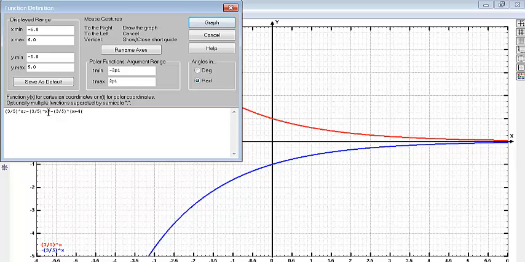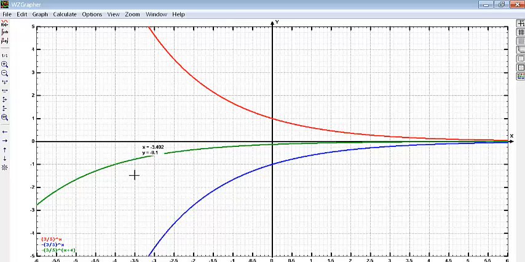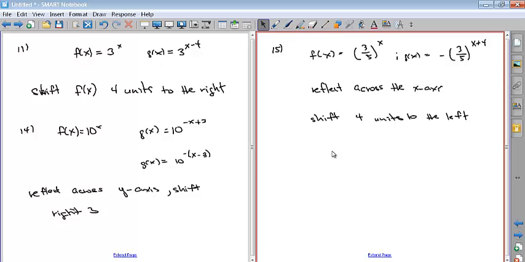And gotta get my parentheses the correct direction. So that should shift it to the left 4 units. So this point should be moved to there. Let's see if that's what happens. And it does. So the green curve is the blue curve shifted to the left. Okay, so that's correct. But let's answer the question.